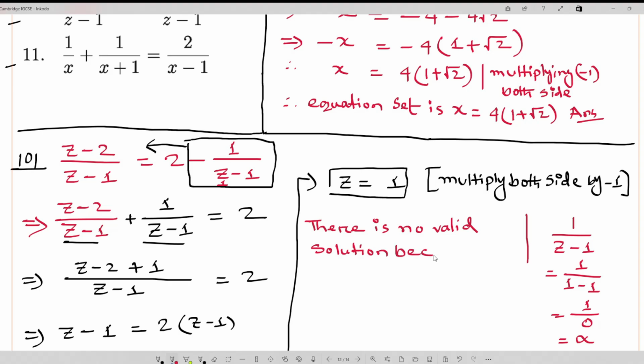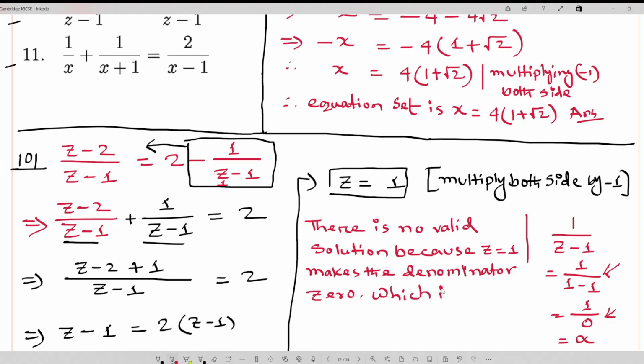because z equals 1 makes the denominator 0, right? Already we saw here it becomes 0, which is undefined, right?